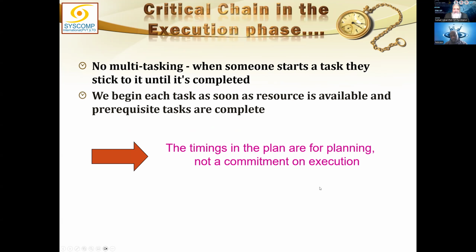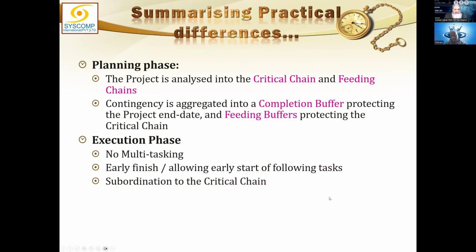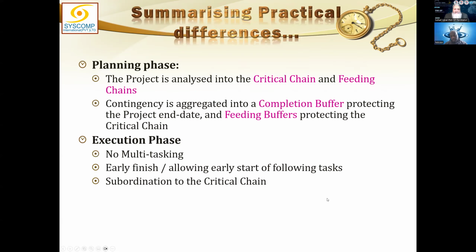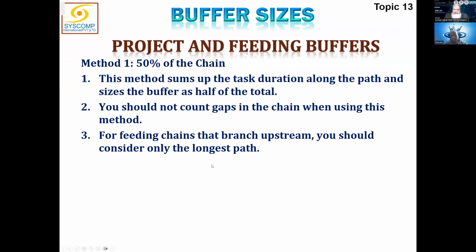Okay, let me move on and see if there is anything important there. There is a little bit more discussion about the types of buffers, project and feeding buffers. Well, these are the methods. First method is 50% of the chain. It says, well, it is your decision how much you want to keep in the buffer.